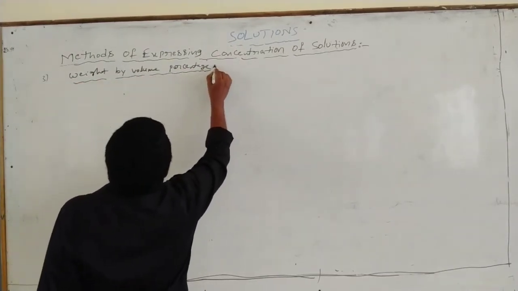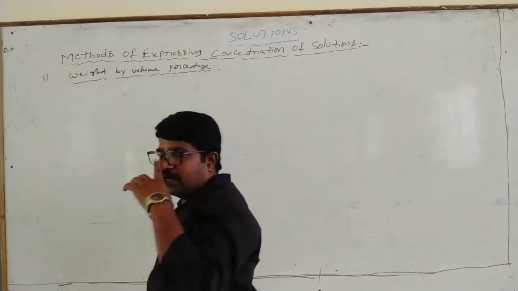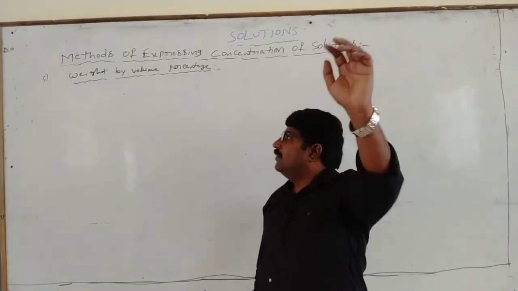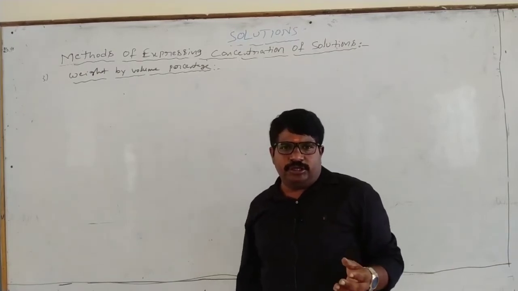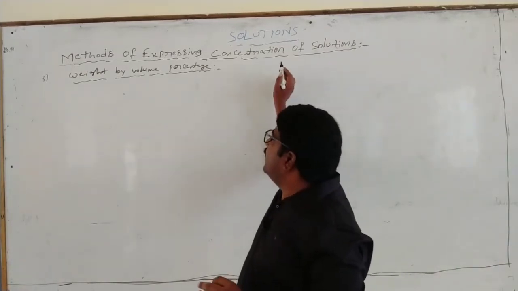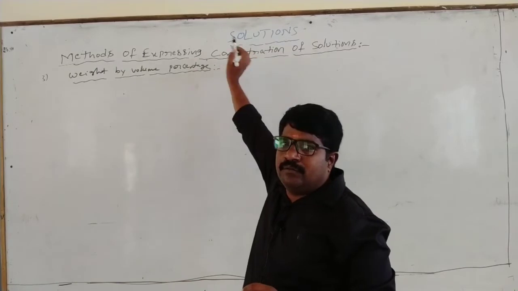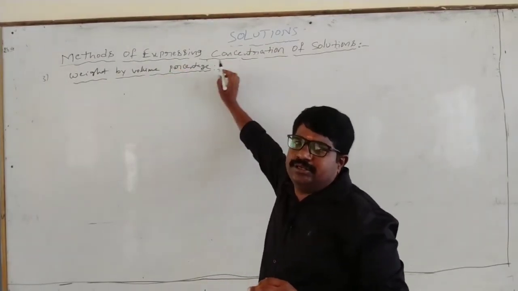Weight by volume percentage. So what does weight by volume percentage mean? The weight of the solute in grams present in 100 ml of solution.